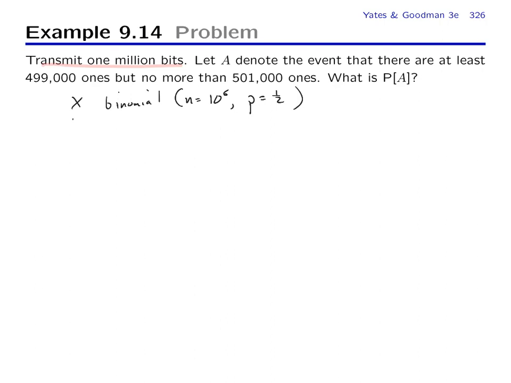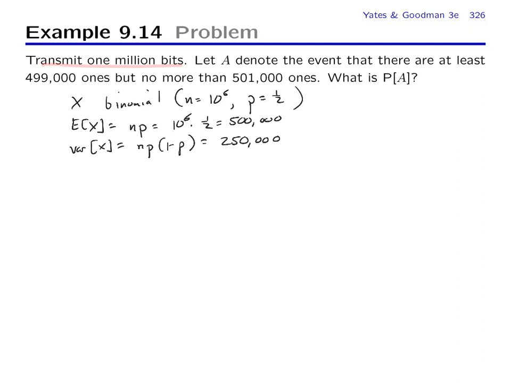So to do that, we observe that the expected value of x is np, which is 10 to the 6 times a half. It's 500,000. And the variance of x is np(1 minus p), which is equal to 1 million divided by 4, 250,000.